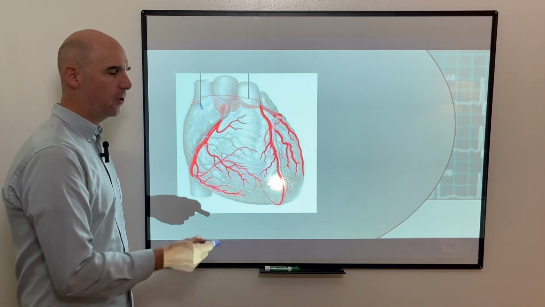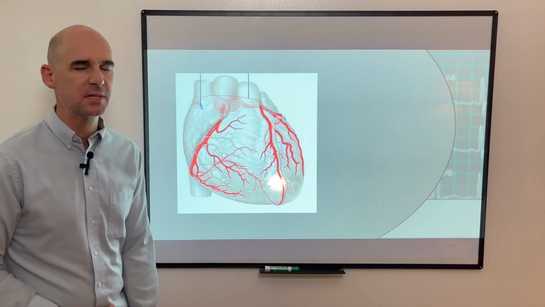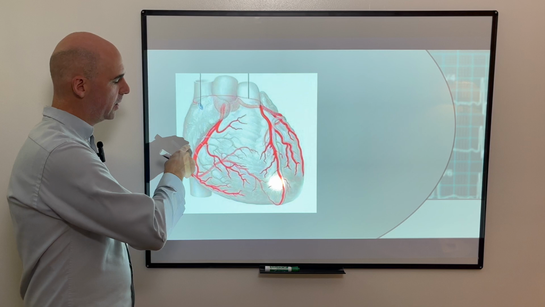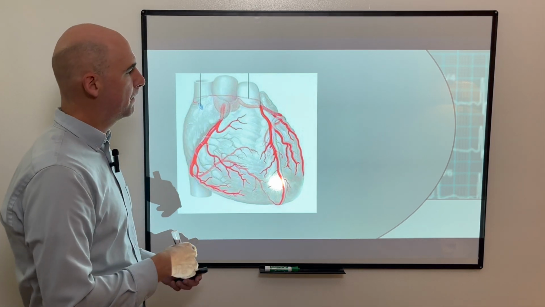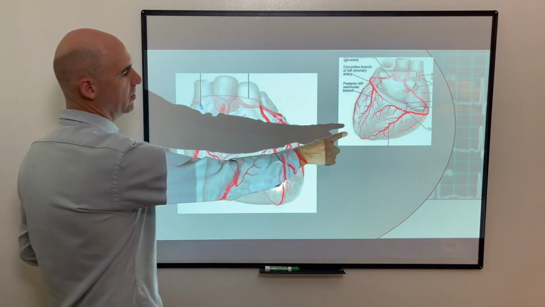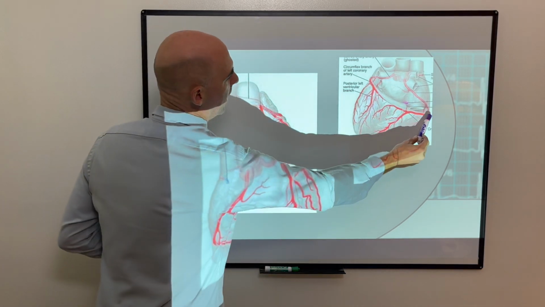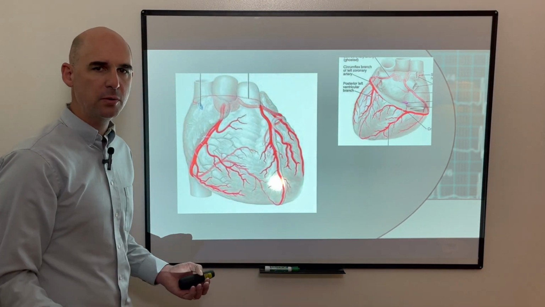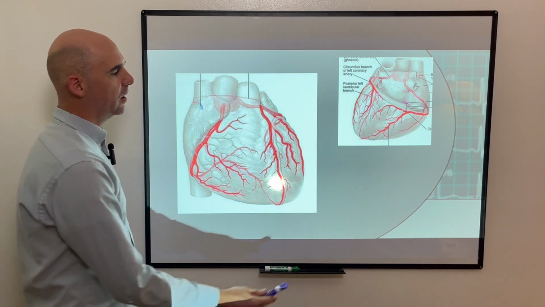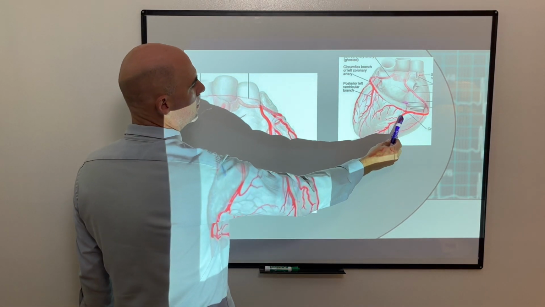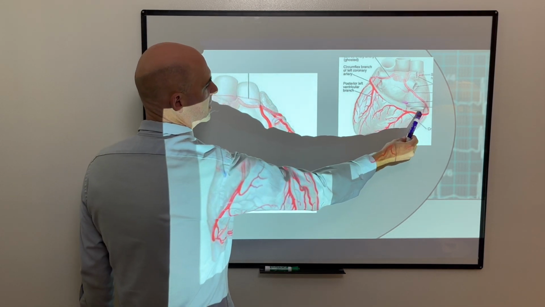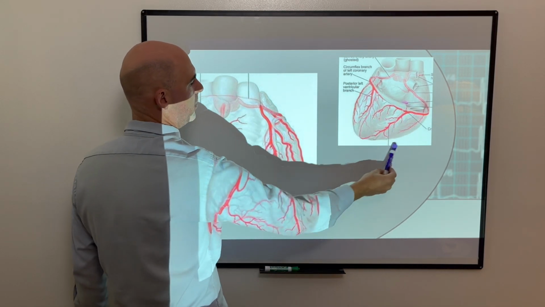And then eventually, for about 80 or 90% of the people walking around in the world, the blood supply of the right coronary artery wraps around to the posterior. I've got a little picture over here. It's going to wrap around over here and perfuse the back of the heart, the posterior wall. We've got an artery back here called the posterior descending artery, the PDA. The right coronary artery is going to send blood all the way around and perfuse the back side of the heart.